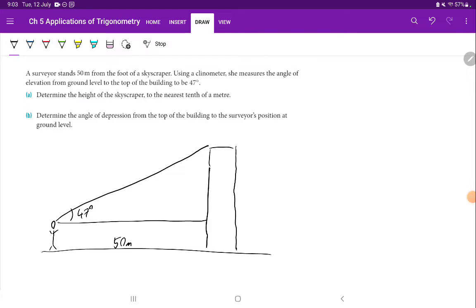Now, the interesting part about this is that we're making a bit of an approximation, because we actually need to know how tall she is. We're going to be able to find this distance here, but we won't be able to work out this distance here. So we're just going to assume that we're getting a pretty good approximation for the height of the building.